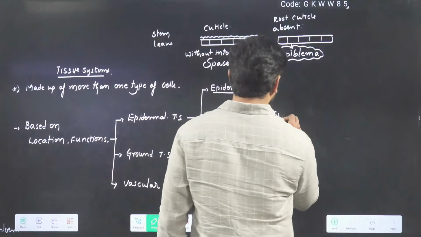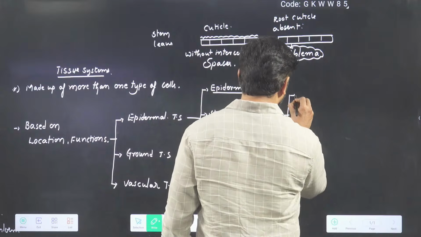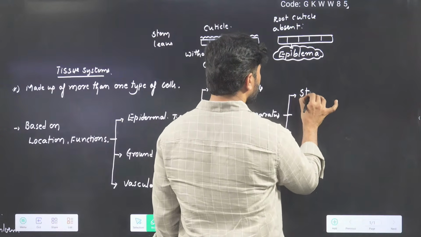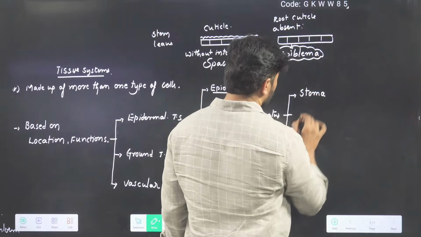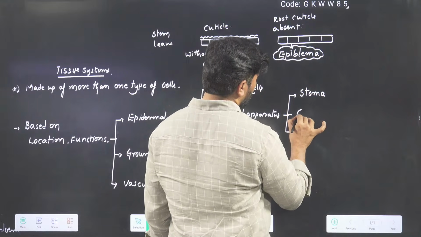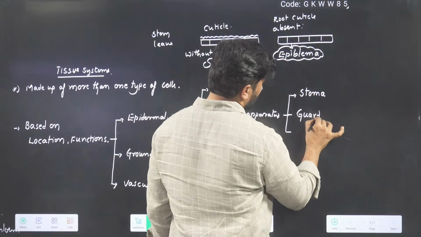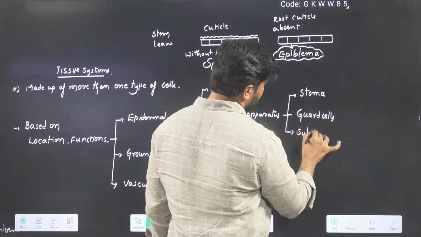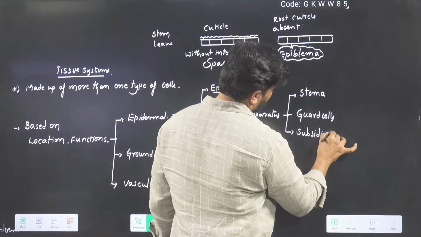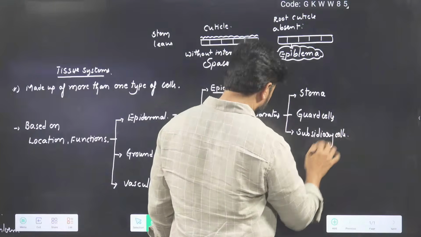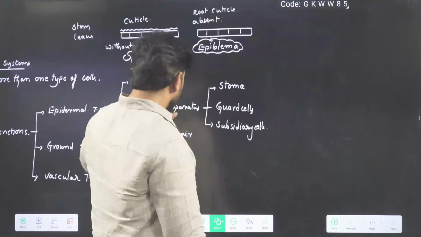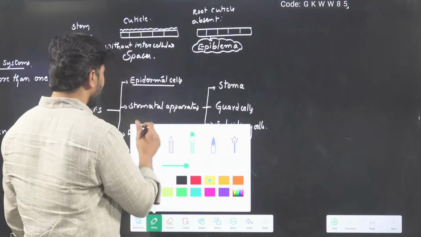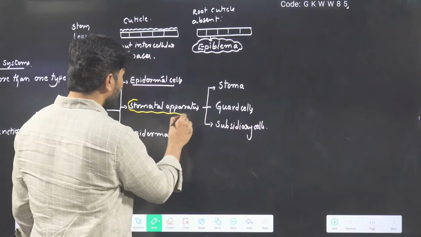If I talk about the stomatal apparatus, it's an epidermal modification. It consists of the following parts: one is stoma, next is guard cells, and the next is subsidiary cells. All these three parts are collectively known as the stomatal apparatus.